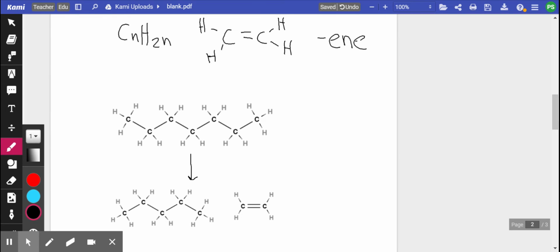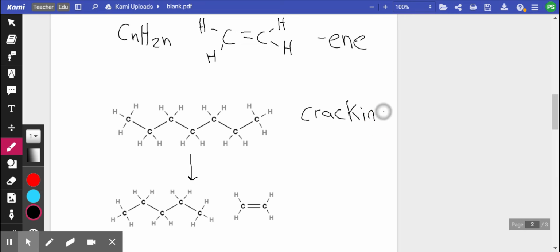Now, how do we make alkenes in the first place? We've talked earlier that we can get crude oil from the ground, and that is comprised of some long chain alkanes like the one we have here, which is heptane, 7 carbons. To get from an alkane to an alkene, we do a process called cracking. To do this, we need high temperature and a catalyst.